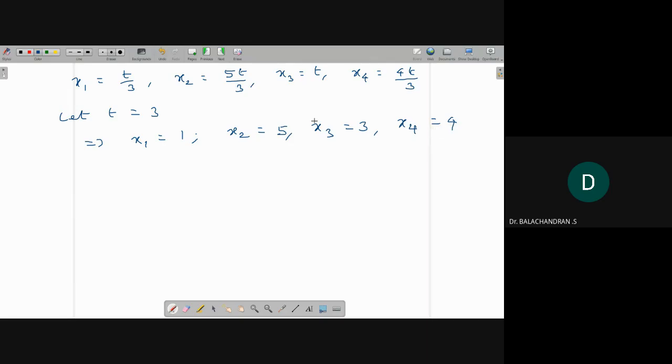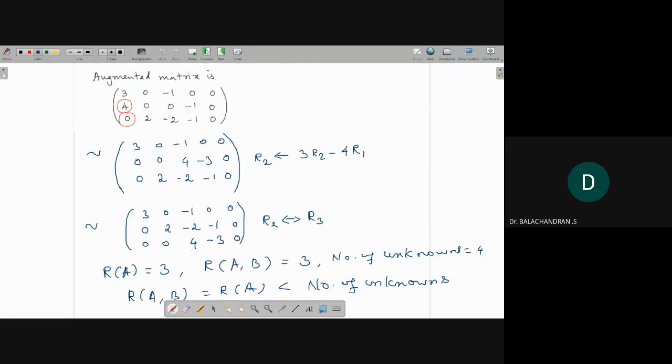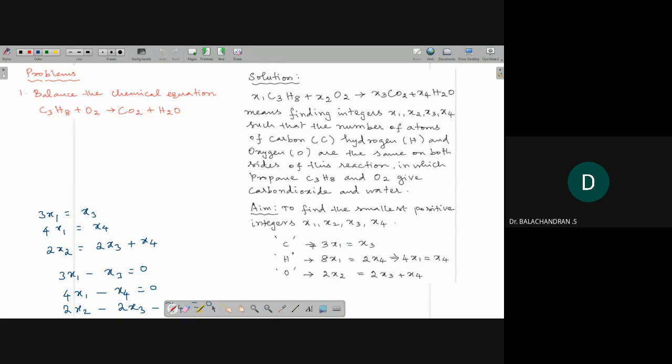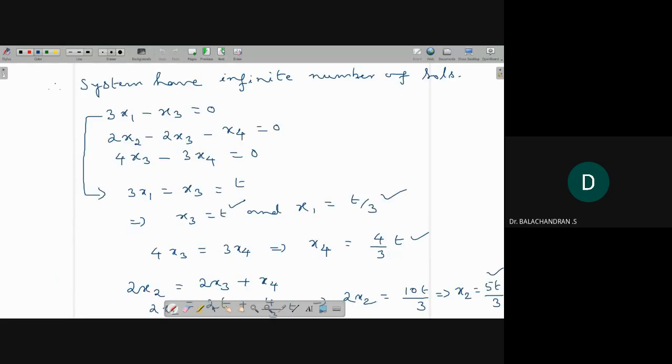Now what is the equation you originally had? The chemical equation. Yes, x1 into C3H8. Substitute the values there.